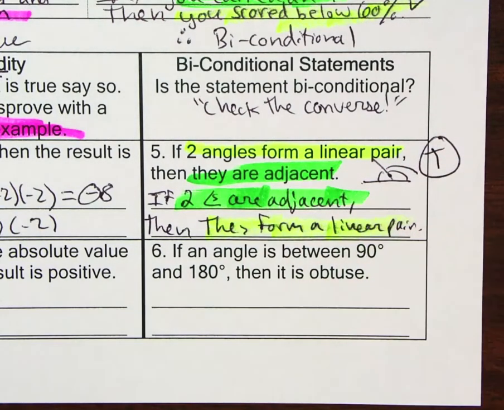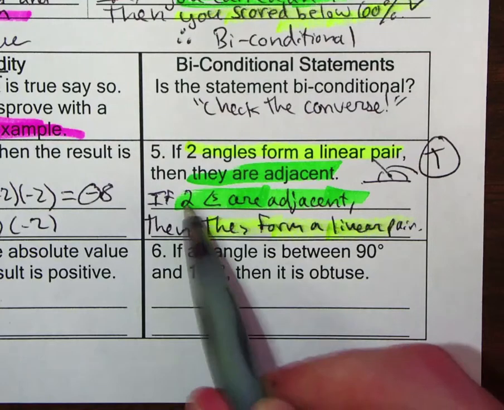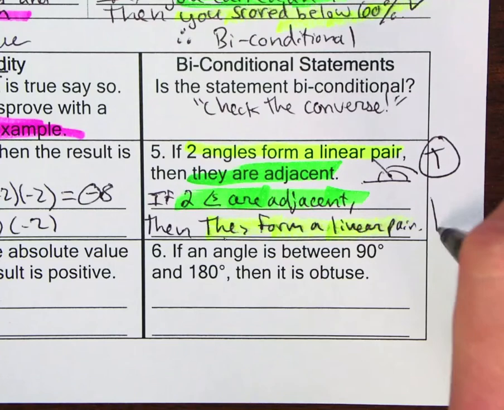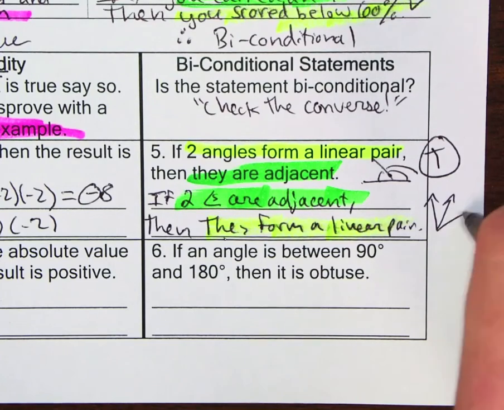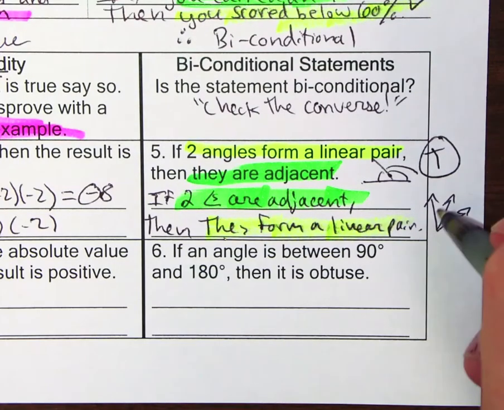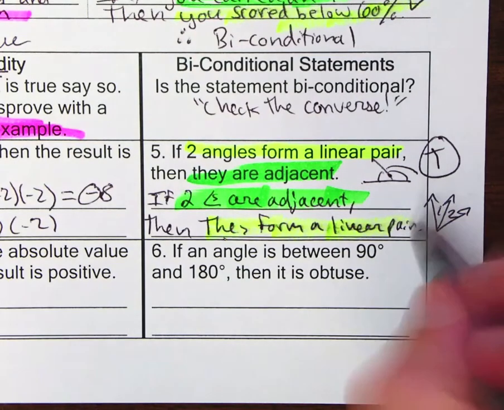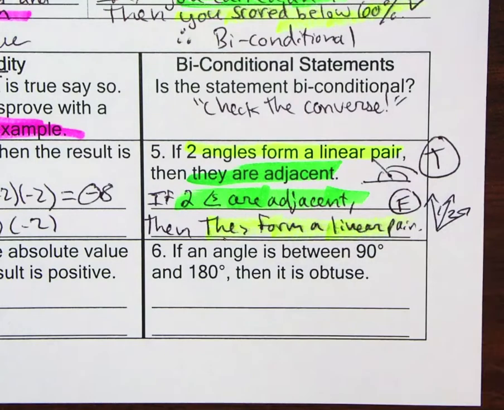We've switched them. We've done the reverse or the converse. Is this still true? If two angles are adjacent, do they have to always form a linear pair? And no, that's not true. I can think of a couple angles like this. Stick them together, angle 1 and angle 2, and they don't form a linear pair. They don't come close to making a line. So the second part here was false. So this is not biconditional.